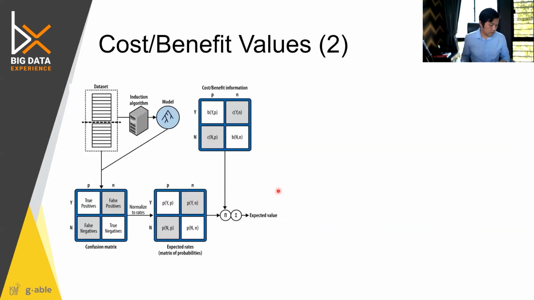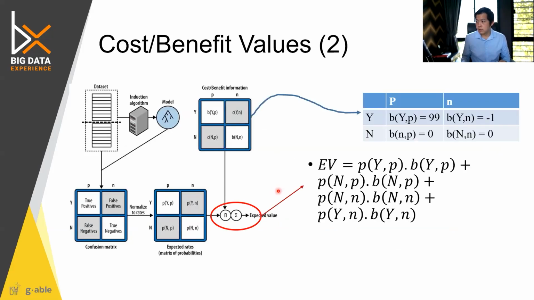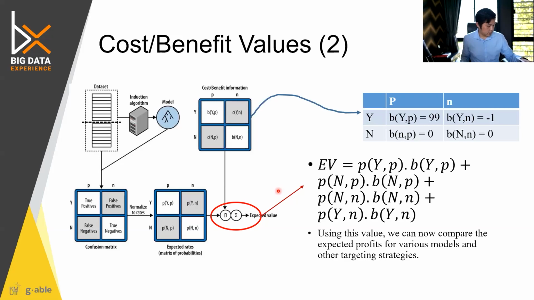Never mind, I will just make up a new number. 99, minus 1. Say we have the cost benefit like this one. 99, minus 1. Predict positive, predict negative.